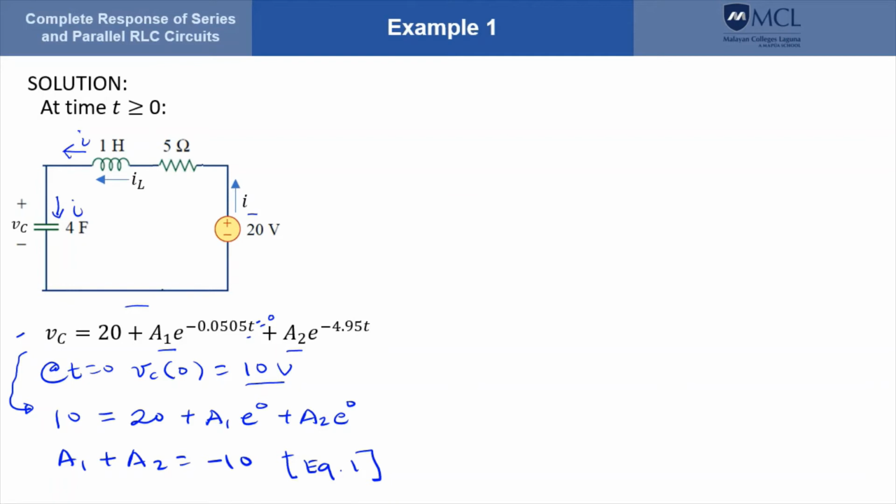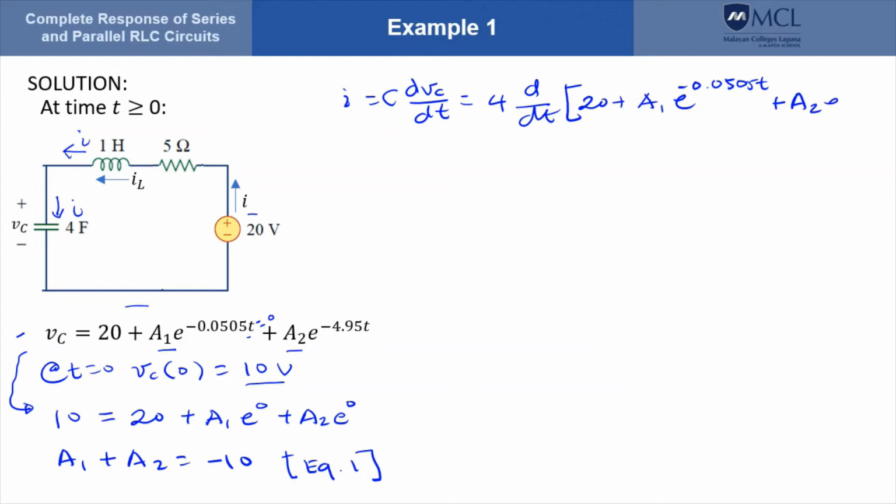We can relate I to the capacitor with V sub C, and that is I equals C dVc/dt. So this is 4 A1 minus 0.0505 e to the minus 0.0505 t, and so on.